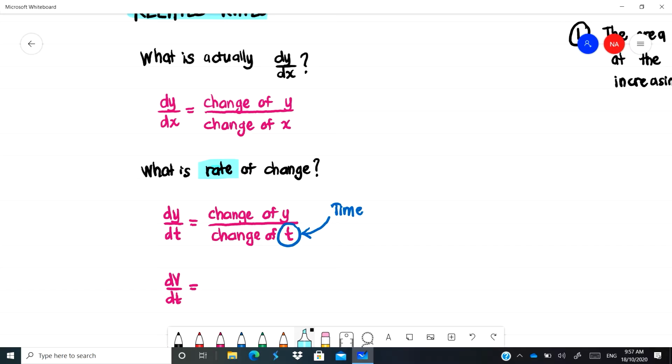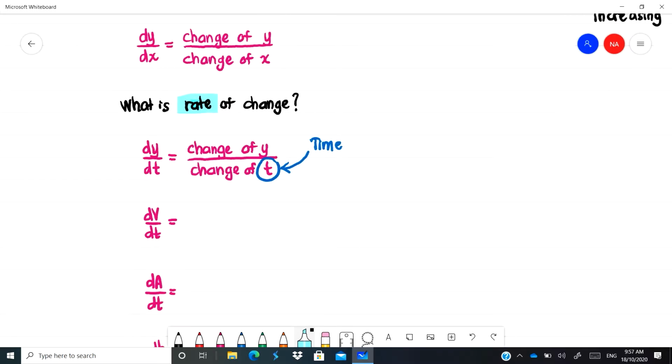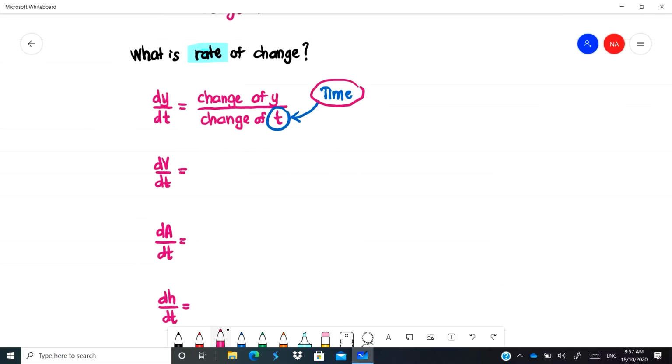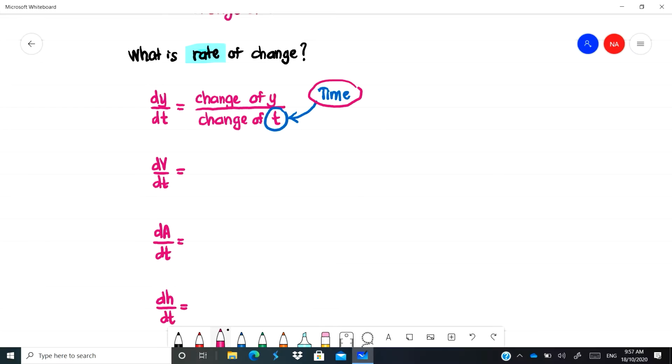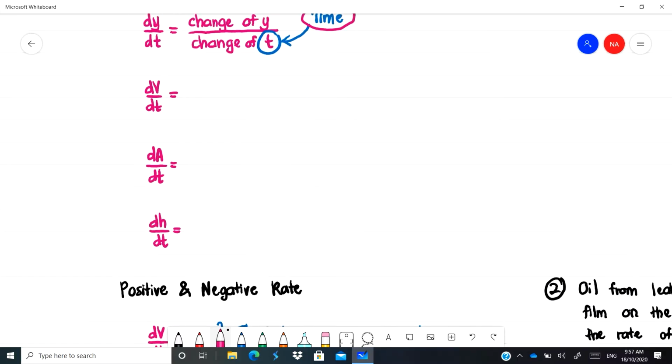So we'll have something like, let's say we have dy over dt. So it should be the change of y with respect to the change of t, which is time. So if you have dV over dt, it'll be the change of volume with respect to the change of time. So that is the rate of change of volume.